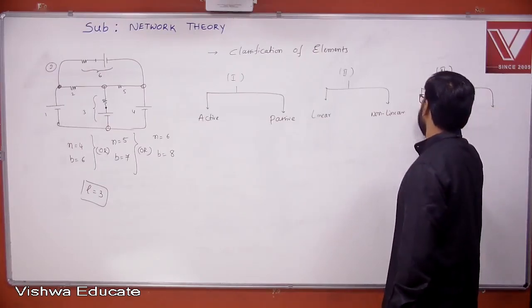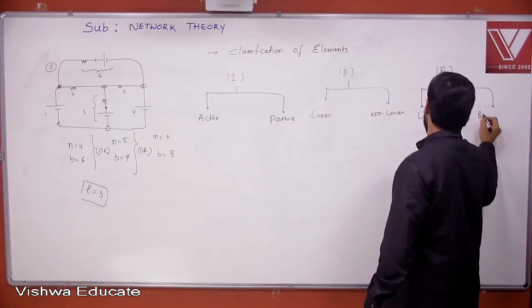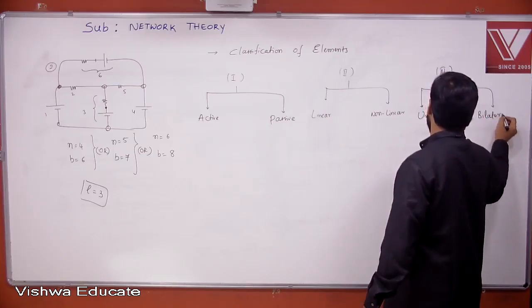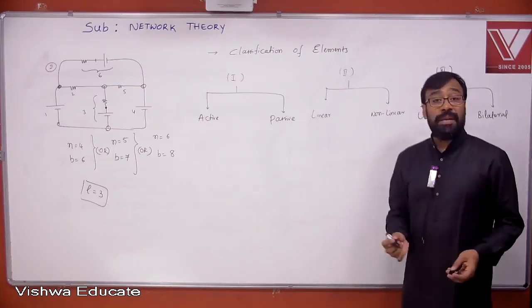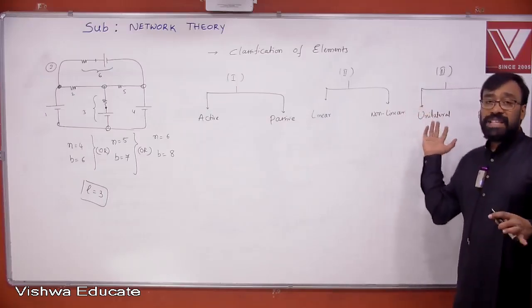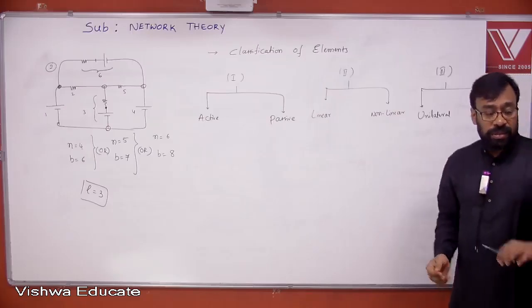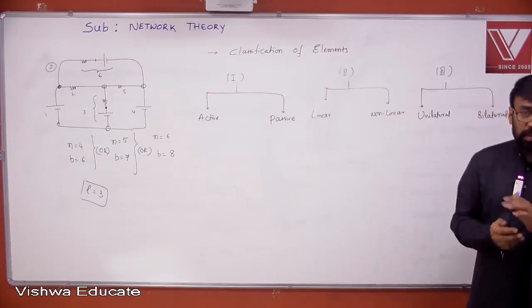Unilateral and bilateral. These are the three types of classification we can see, and we can see all these things in the next session. Okay. So I stop here and we'll come back in the next session.